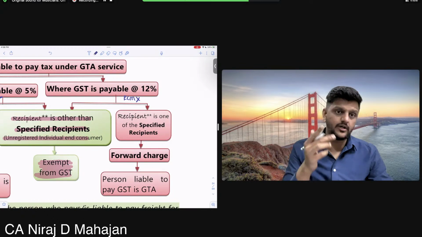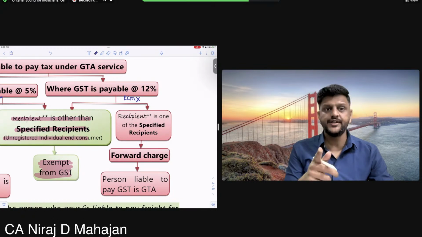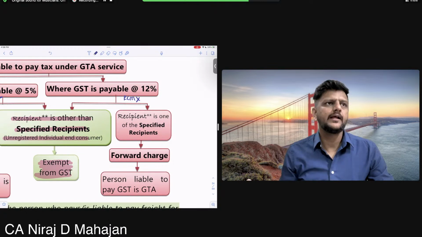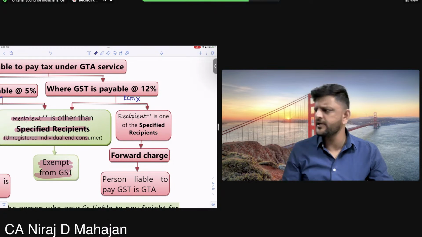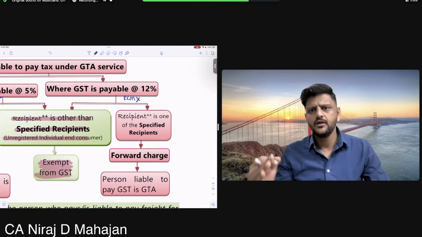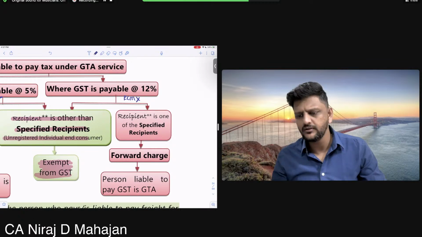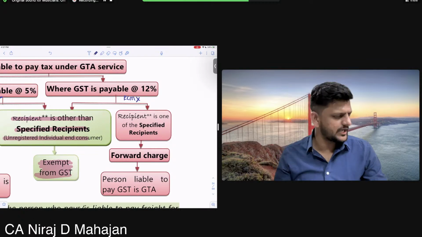So बच्चों, here GTA is a very big GTA, you can say, and he has lots of input tax credit. That's why he's opting for 12% rate. So your GTA will charge the tax. Okay, everybody? The GTA बच्चों will charge the tax.